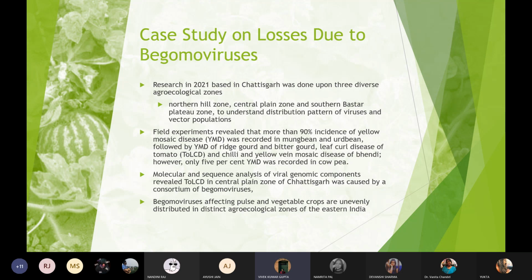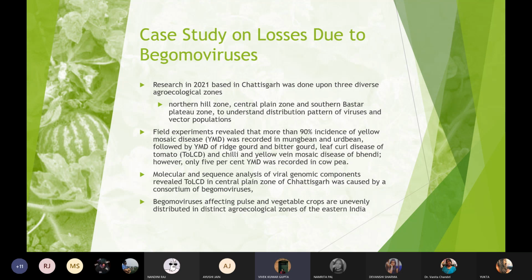In this study, extensive surveys were conducted following field experiments in the state of Chhattisgarh, India. The three zones were the Northern Hill Zone, the Central Plain Zone, and the Southern Bastar Plateau Zone, for understanding the distribution pattern of viruses in vector populations in prominent pulses and vegetable crops.